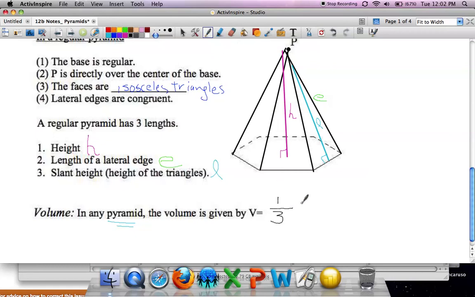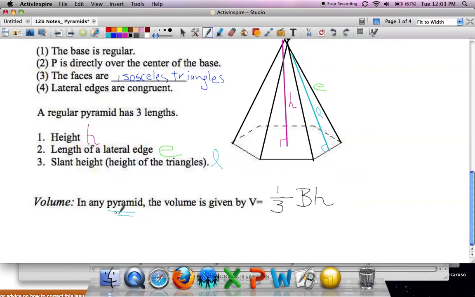So it's 1/3 of the base, capital B means the area of the base, times the height. So we've already been talking about capital B, where capital B stands for the area of the base. That's just what capital B stands for.